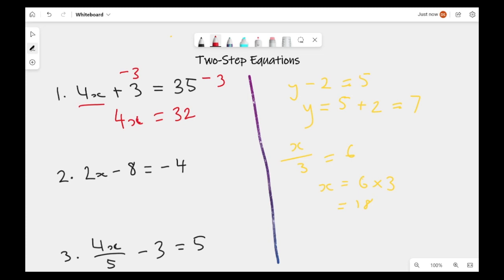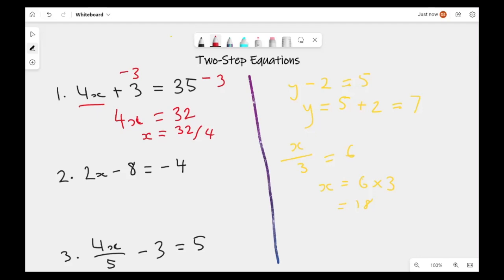So we have 4 lots of some number gives us 32. So we can once again do this opposite operation. Our x now can become 32 divided by 4, because we're saying our x is telling us how many times 4 goes into 32.